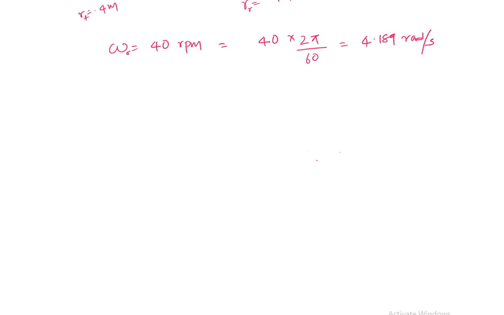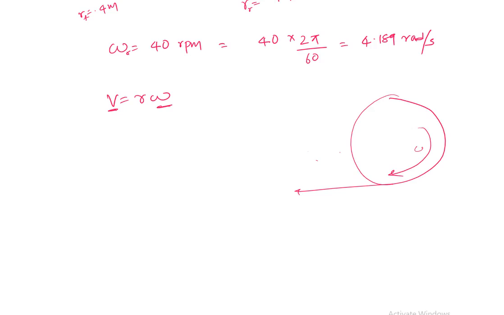Now, from that, we know this formula, V equals R omega. We have the omega, and we need to find the linear velocity. The relationship between the angular velocity and the linear velocity is just multiplying by R. V equals R omega, and this V is the velocity of the tractor.